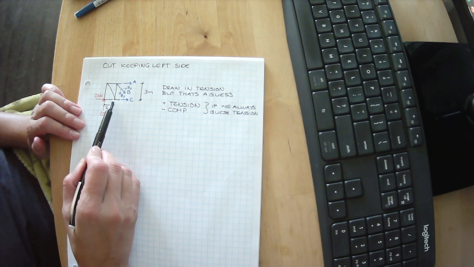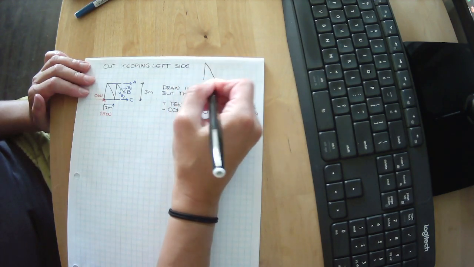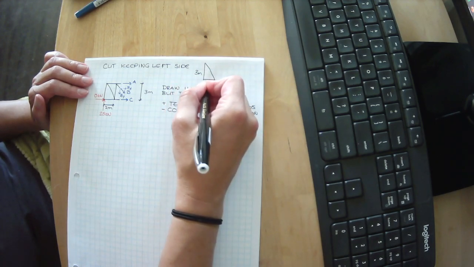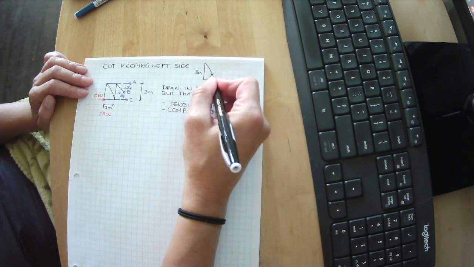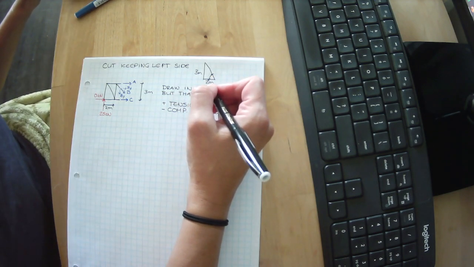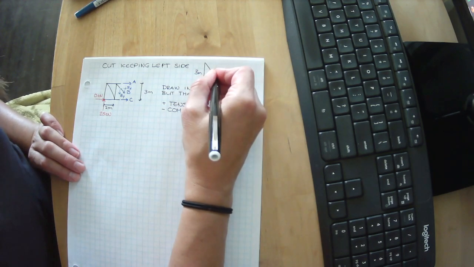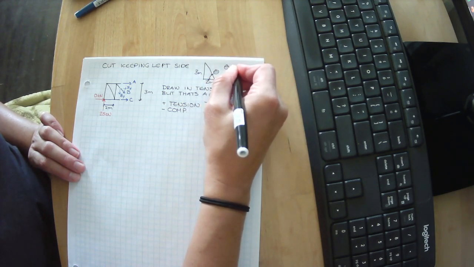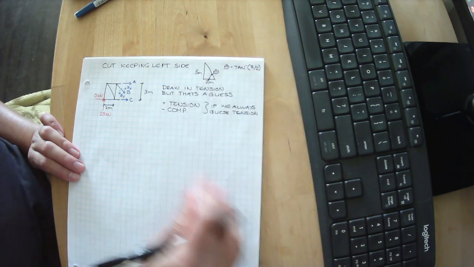We know that each one of these dimensions is 2 and this dimension is 3, and we want to know what the angle is. So if this is 3 meters and this is 2 meters, we want to know what this angle is relative to the x-axis. We can figure that pretty easily. We know that that's opposite and that's adjacent. And so we know that this angle right here equals the tangent inverse of opposite over adjacent.